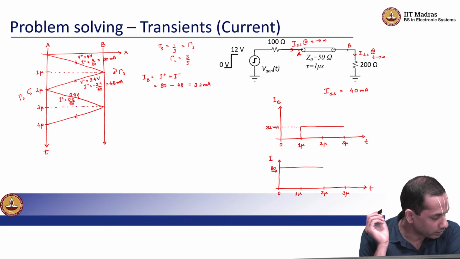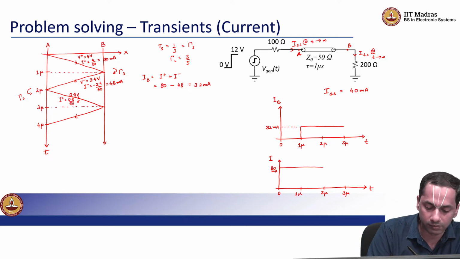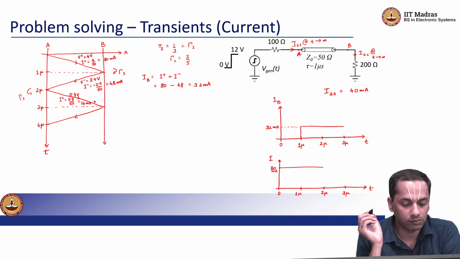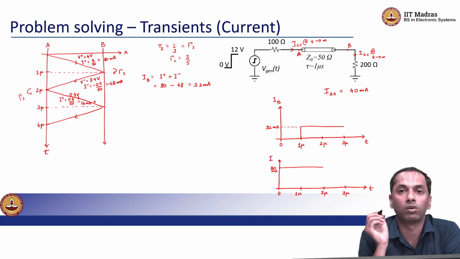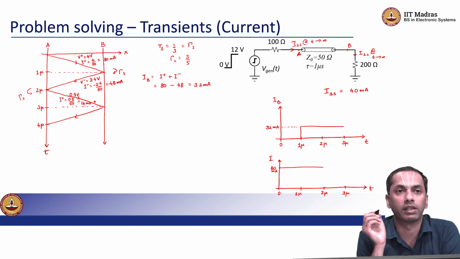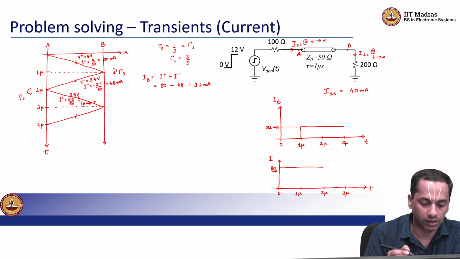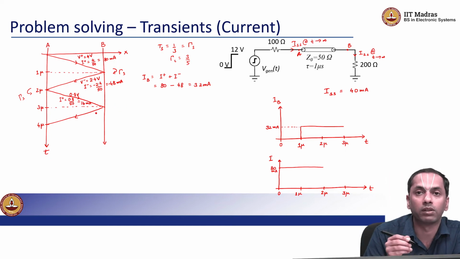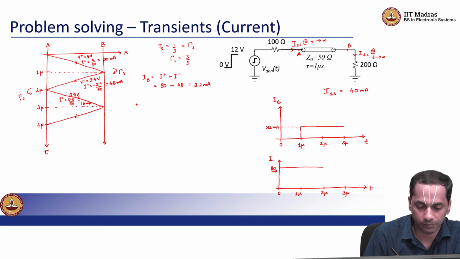So this is about 16 milliamps, right? So if I want to know what is the update to the current at point A at 2 microseconds, I would simply have to add all the currents, right?